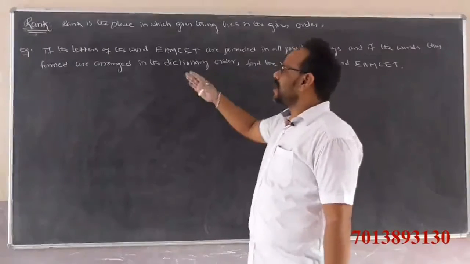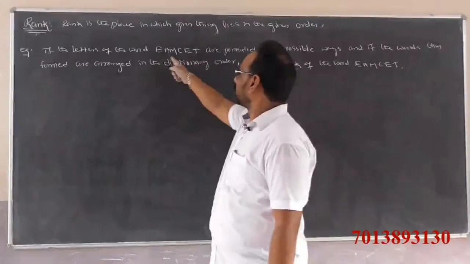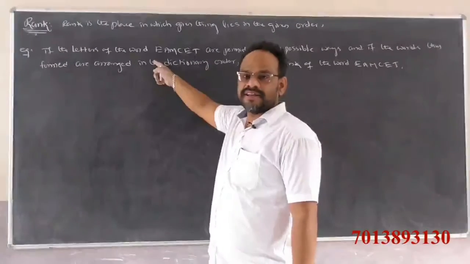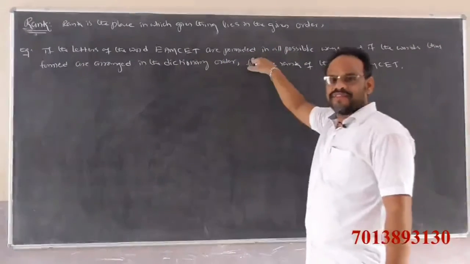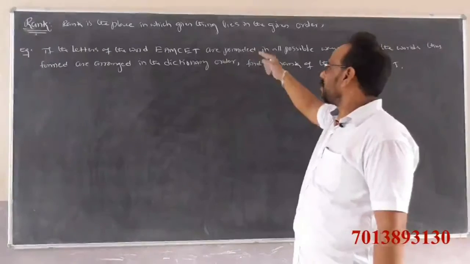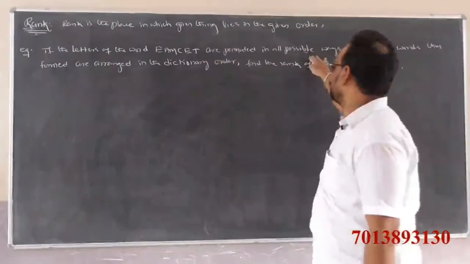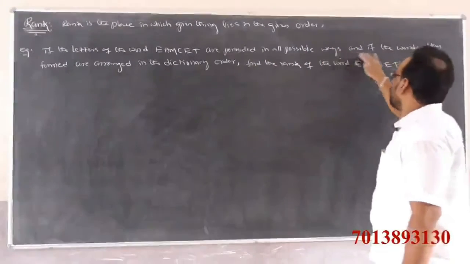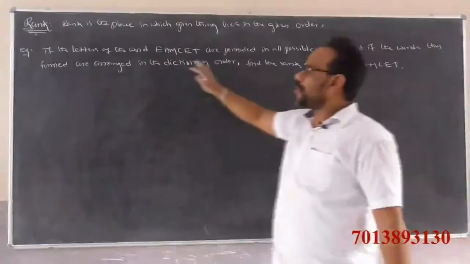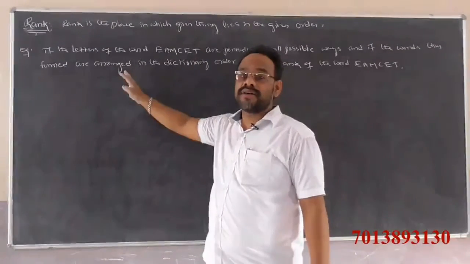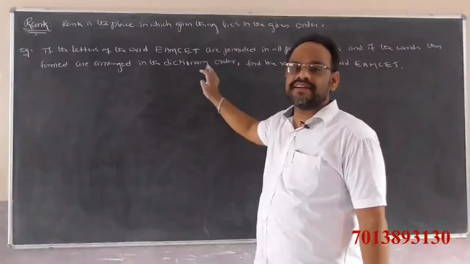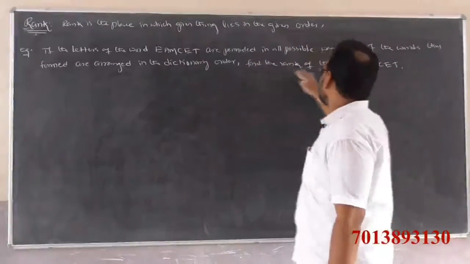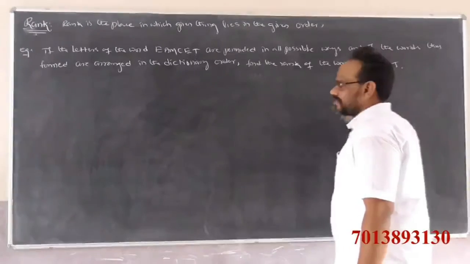Observe one example here. If the letters of the word are permuted in all possible ways, and if the words thus formed are arranged in dictionary order, find the rank of the word.